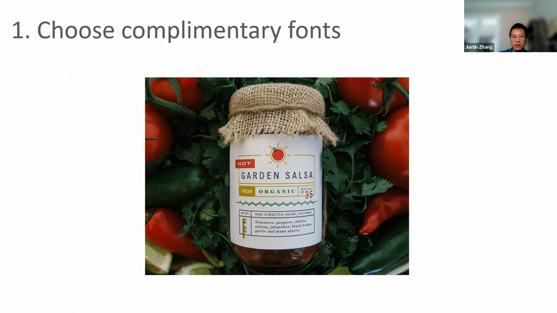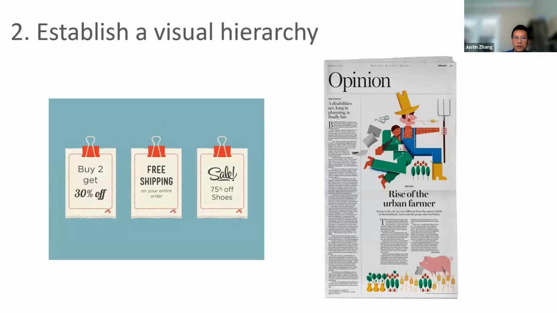The first one, choose complementary fonts. Here you can see the example with complementary font styles. Art, Gardens, Stata, Organic, they actually work in a pretty harmonious way to engage the audience. Number 2, establish a visual hierarchy.